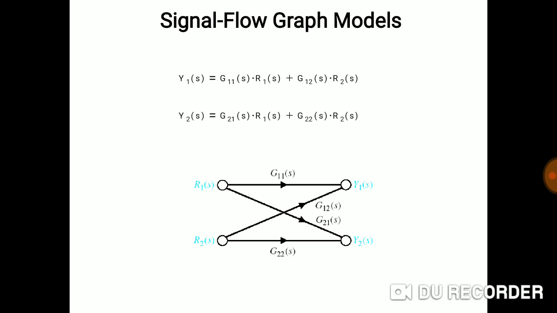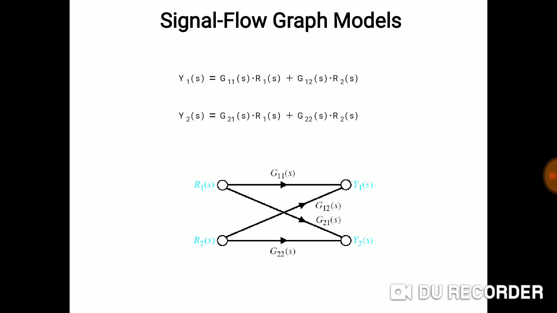And for the signal flow graph, we consider the algebraic sum of these. The other input is from r2 of s and the gain is g12 of s. So the final equation is y1 of s is equal to g11 of s into r1 of s plus g12 of s into r2 of s.